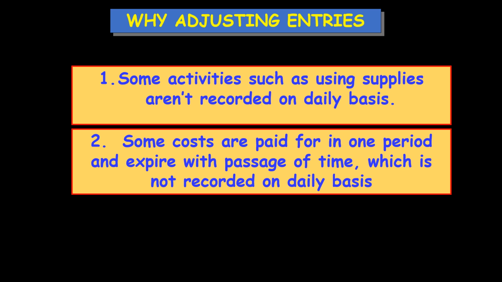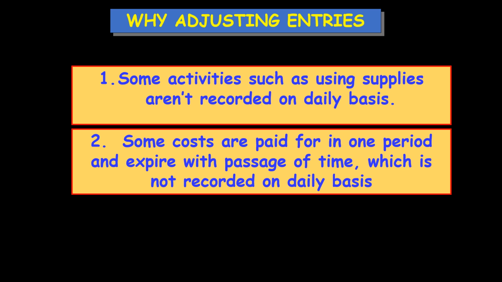Reason number two is that some costs are paid in one accounting period and then expire with the passage of time, which again is not recorded on a daily basis. So a good example would be car insurance. When an organization purchases car insurance starting in January, and one day of January has passed, the accountant for that business will not update the accounting record to say that one day has passed and that should be recorded as an expense.